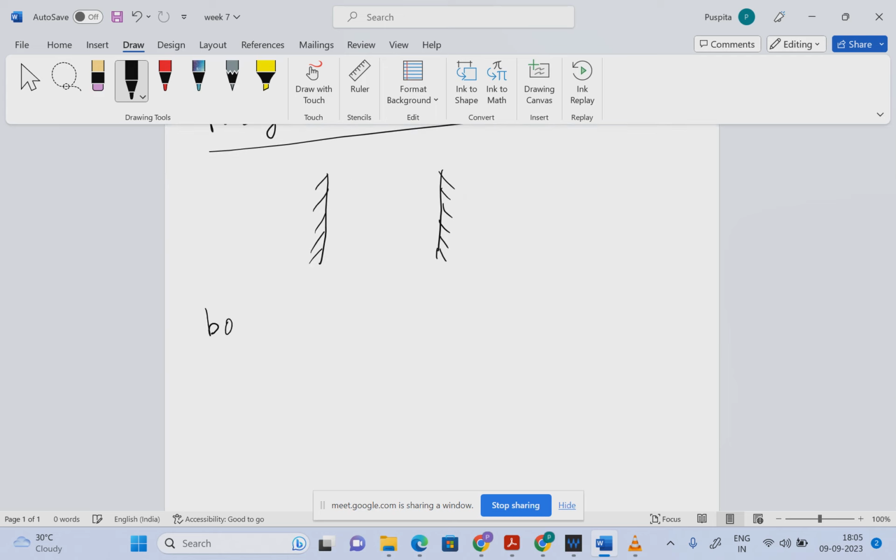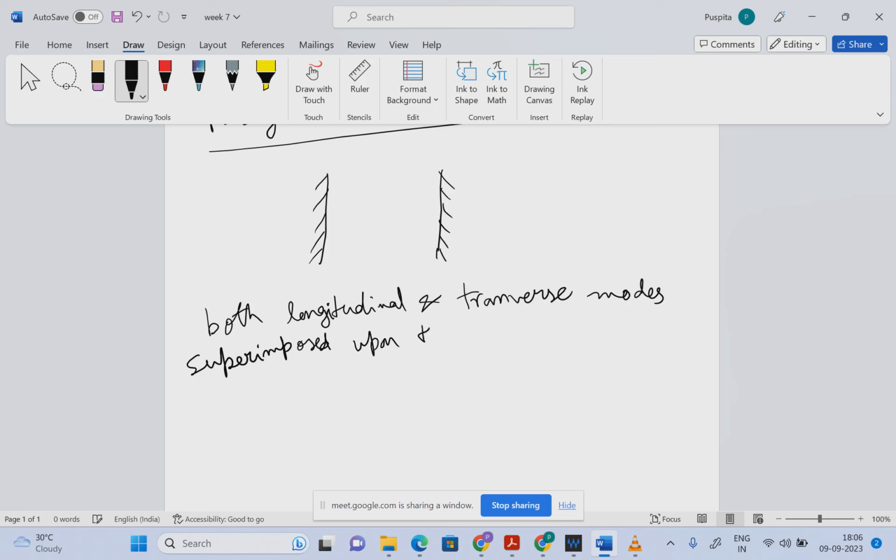These modes produce both longitudinal characteristics, that is frequency dependent, and transverse characteristics, which are spatially dependent characteristics of the beam.